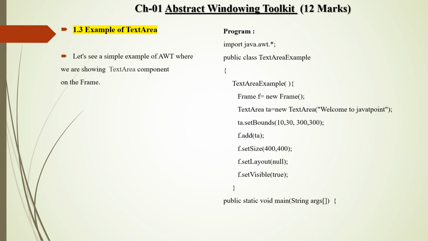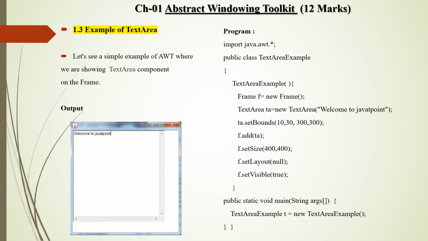Then we define public static void main(String[] args), that is the main method, and then we create one object of the defined class TextAreaExample. So this is the code for simple creation of a text area component in a frame. The output of this frame is displayed like this.